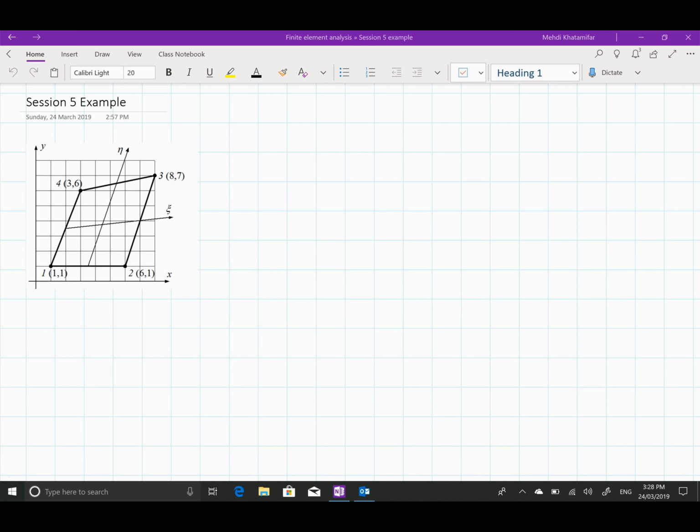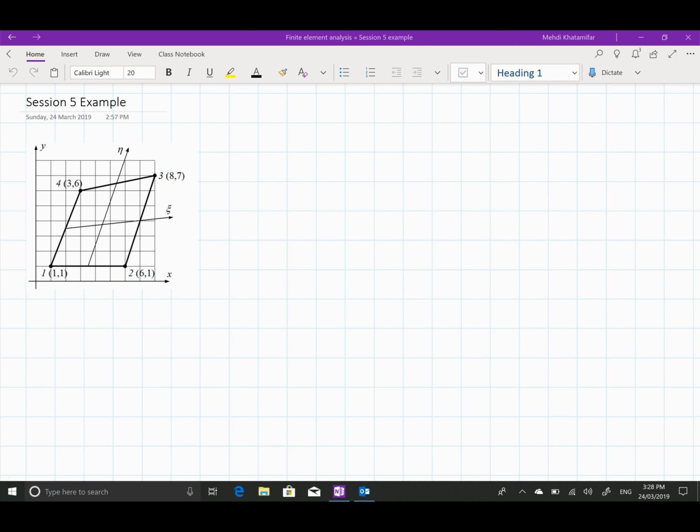Hello class, today I'm going to solve one sample question for session 5 material, and for this one let's solve and find the Jacobian matrix for this quadrilateral element.